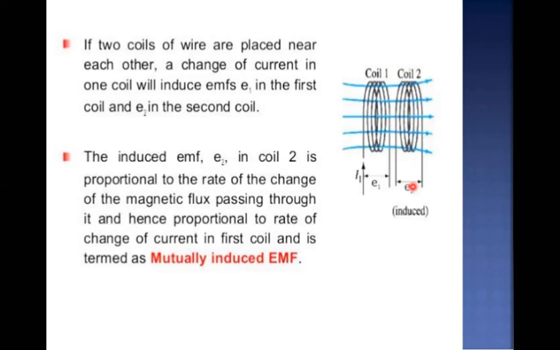So the induced EMF E2 in coil 2 is proportional to the rate of change of the magnetic flux passing through it, and hence proportional to the rate of change of current in the first coil, and is termed the mutually induced EMF.